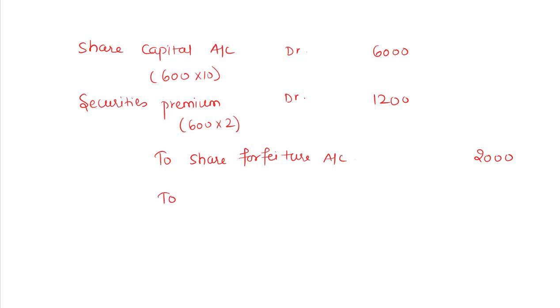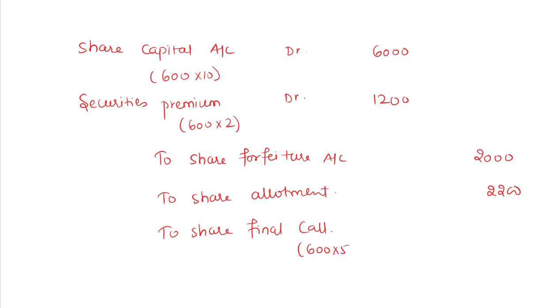To share allotment, 2,200. To share final call, 600 multiplied by 5, 3,000.